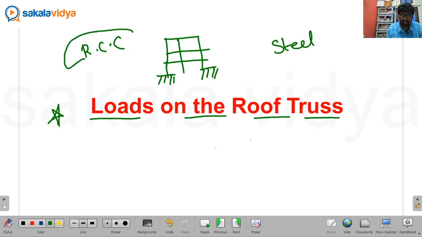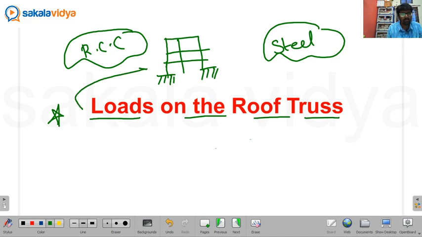Whether the structure is RCC, a reinforced concrete structure, or a steel structure, these loads play an important role in designing it. That is the reason why this topic is important for our engineers. So let us see what are the different types of loads on a roof truss.